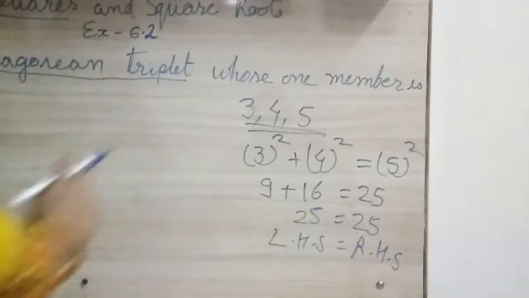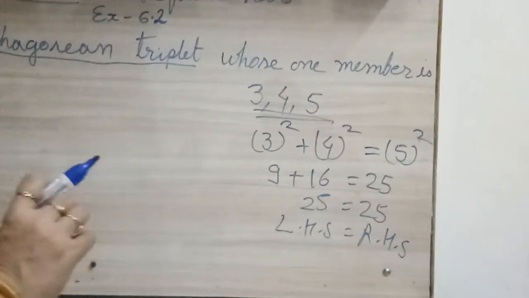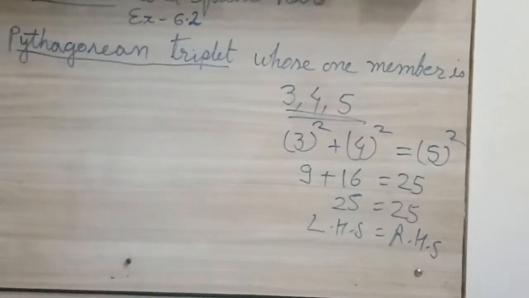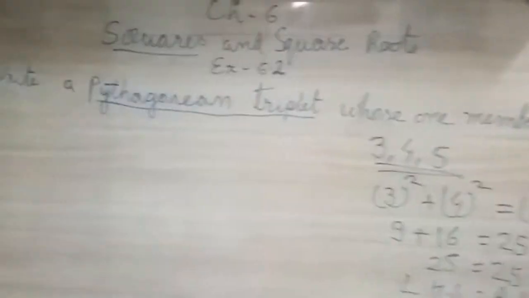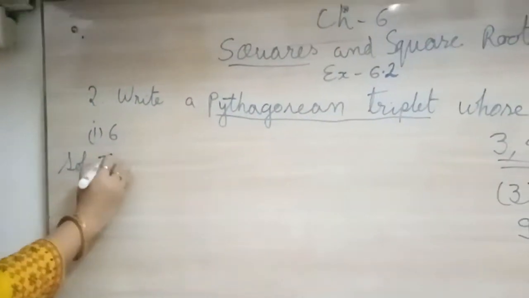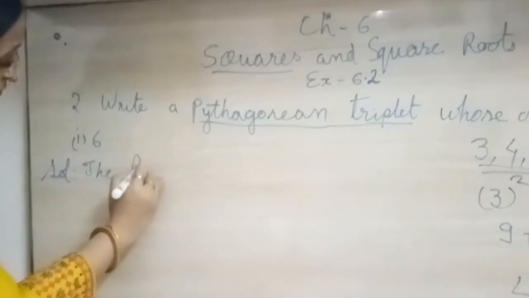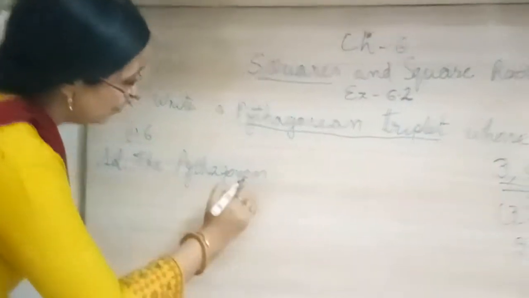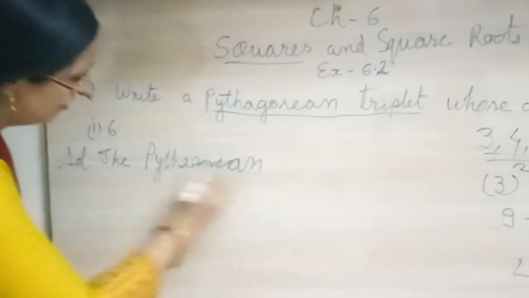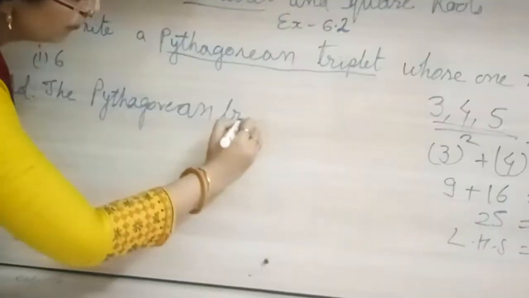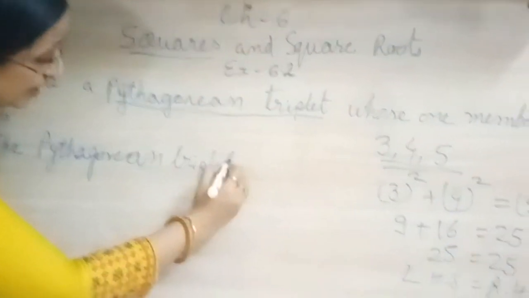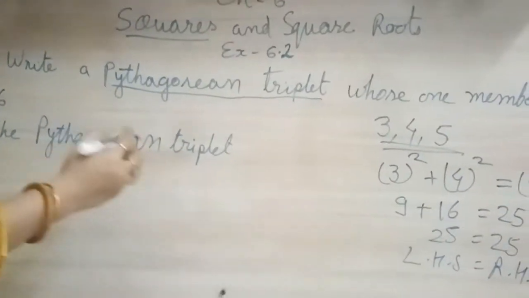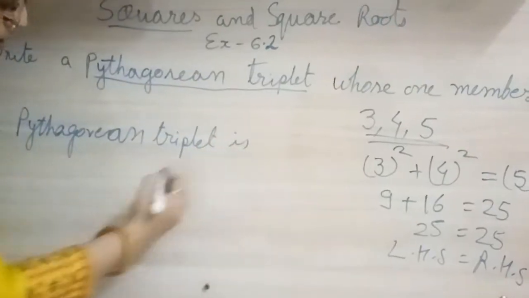We also have one formula for that, a very common formula. Okay, so how we will solve? I'll tell you the formula. What is a Pythagorean triplet?